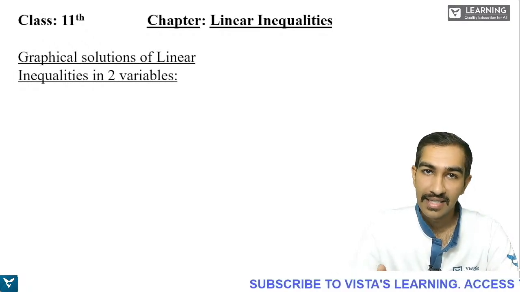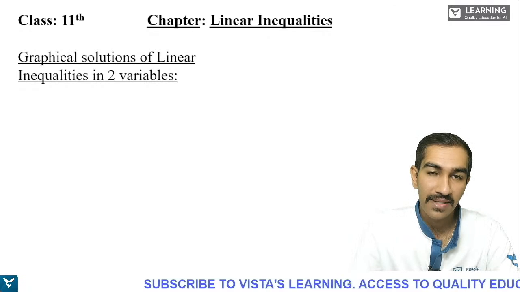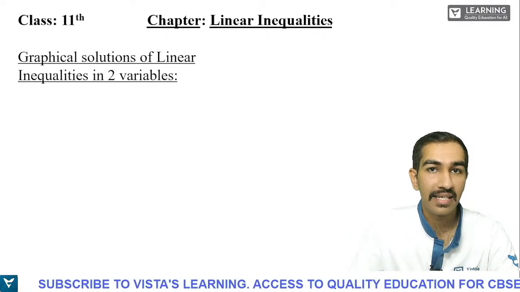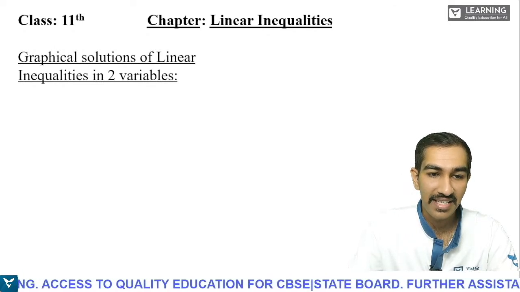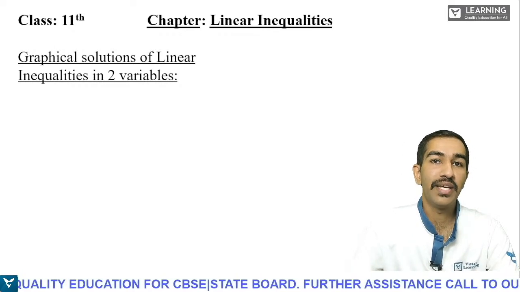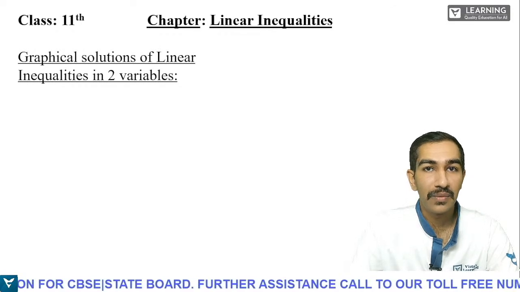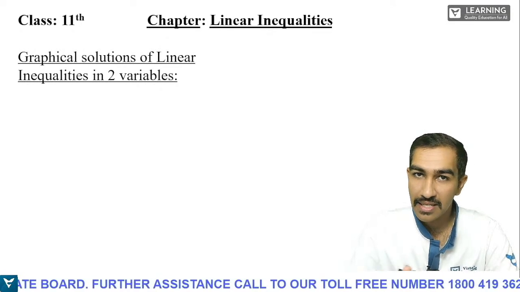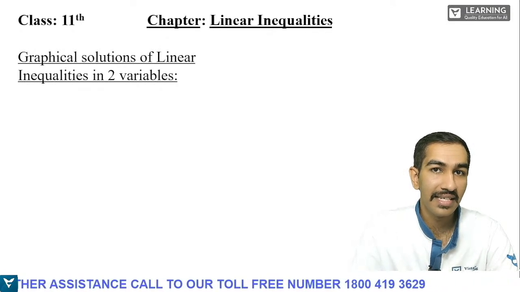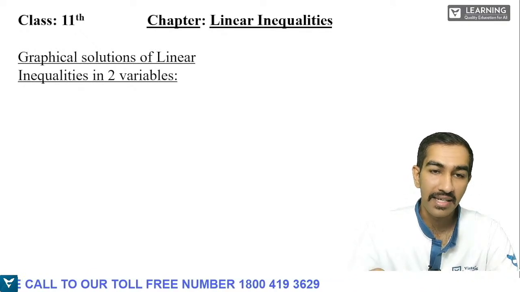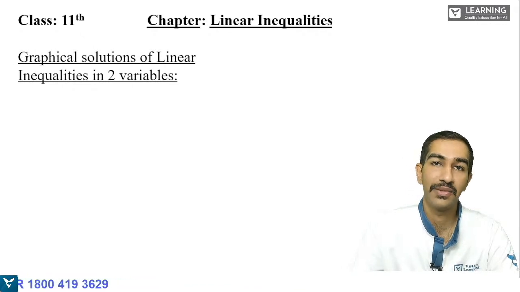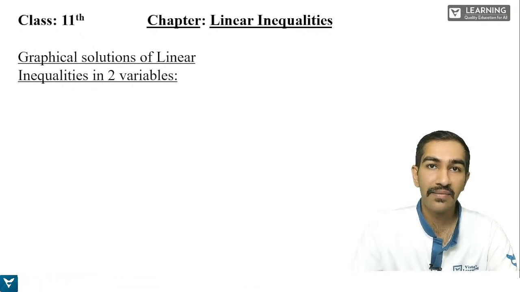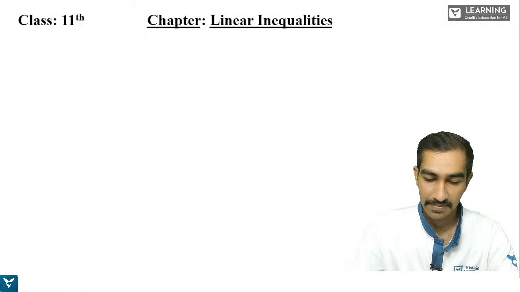Linear means the highest power of the variable is 1. Inequalities means there is no equal to symbol. And two variables means x and y.